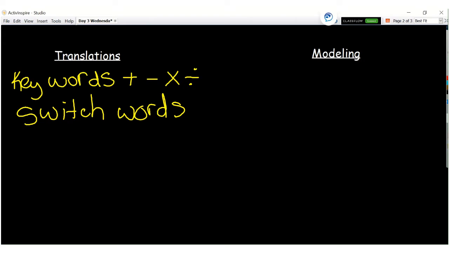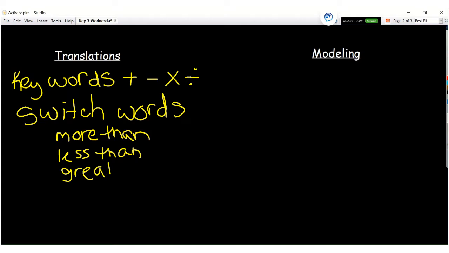So remember your switch words, I will jot down some of these: more than. And remember Mr. Dowdy had that little song, more than, less than. I was never good at that song, so I'm not going to try and sing it. More than, less than, greater than, I think was in that as well, a synonym of more than.